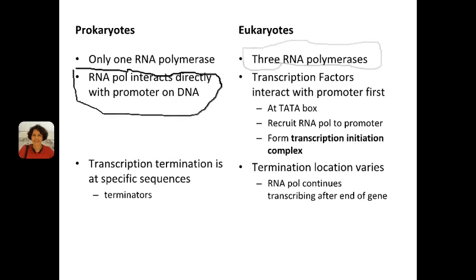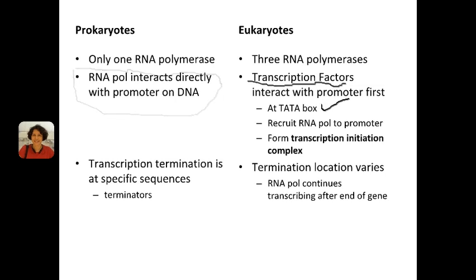In eukaryotes, instead of RNA polymerase interacting with the promoter, it's transcription factors that bind to the promoter first. They bind at the TATA box, and then they call RNA polymerase to the promoter. They attract RNA polymerase to the promoter, and then they form something called a transcription initiation complex.